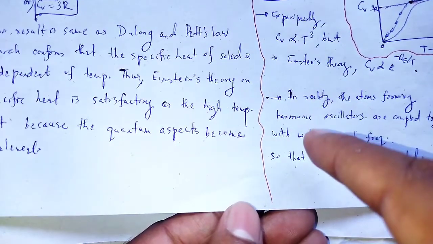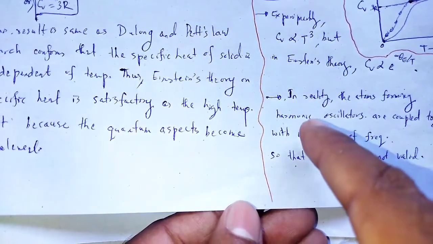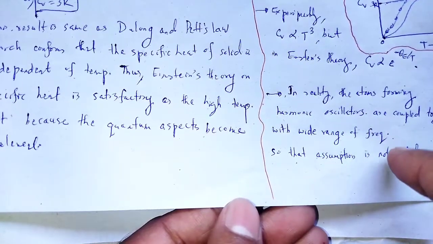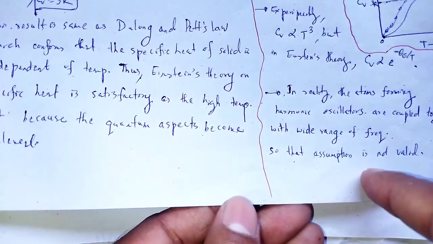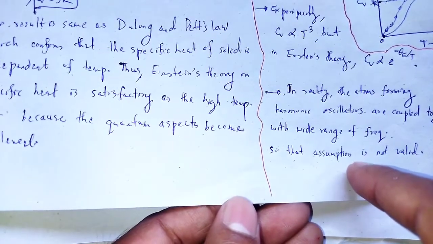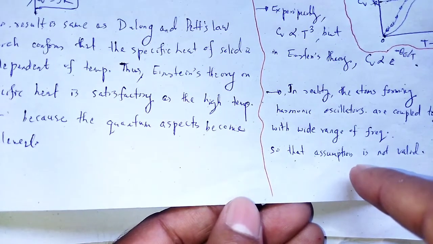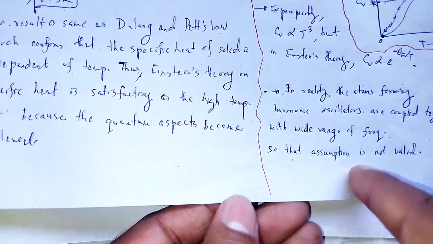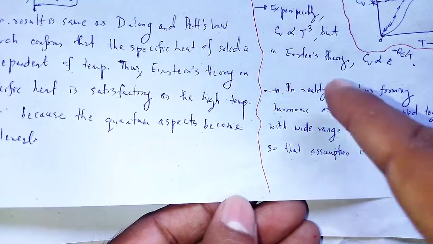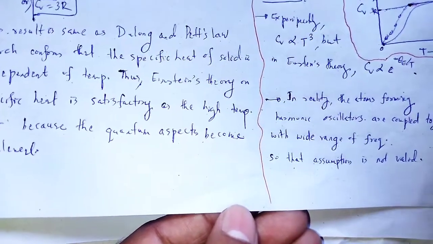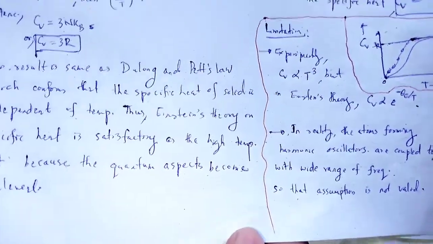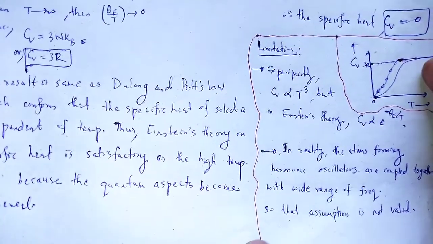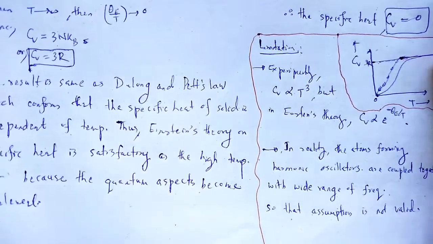And another limitation is, in reality the atoms forming harmonic oscillators are coupled together with wide range of frequency, but we assume that they are independent simple harmonic oscillators having equal and identical frequencies. So, the assumption is not valid in that particular situation, and a graph shows how that holds good for diamond.